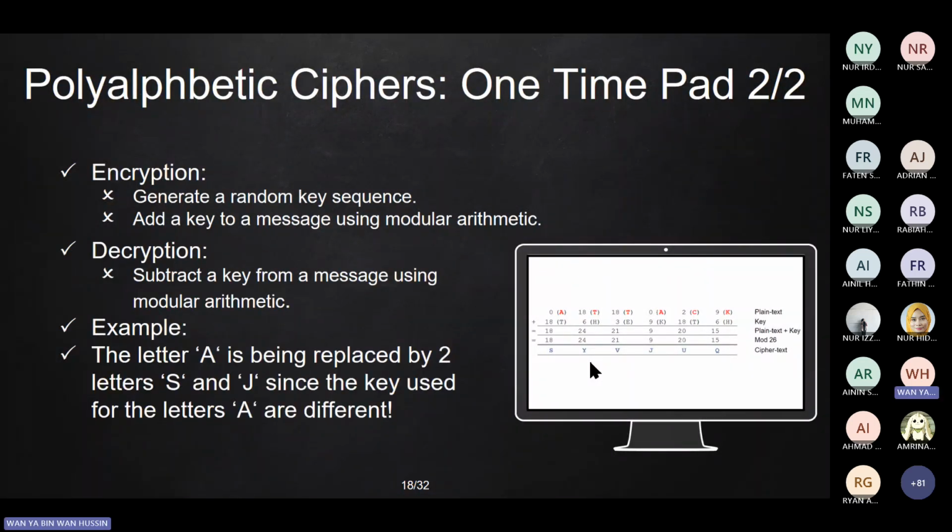Okay, this is how we apply one-time pad. The number can be in sequence 00 until 25. You may ask me why we always start with 0.